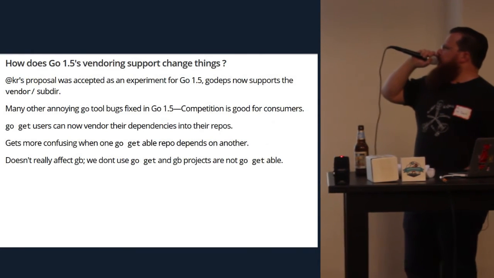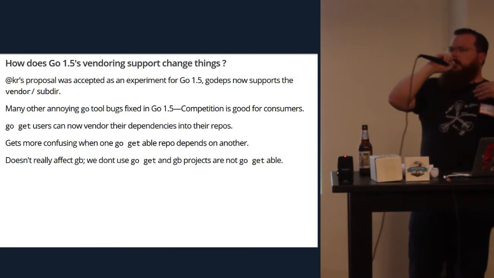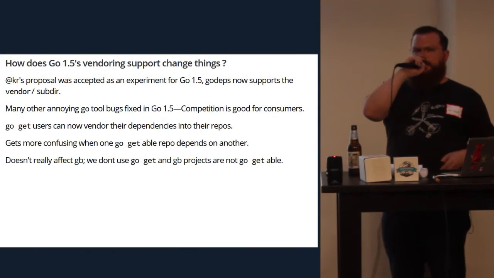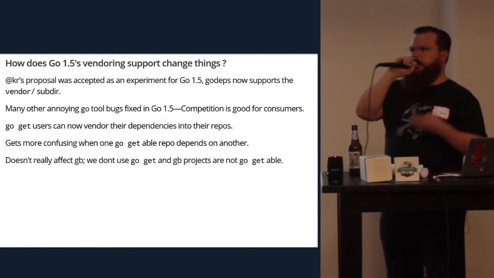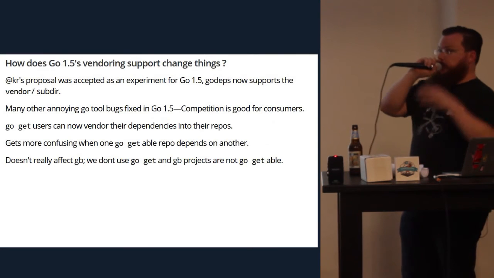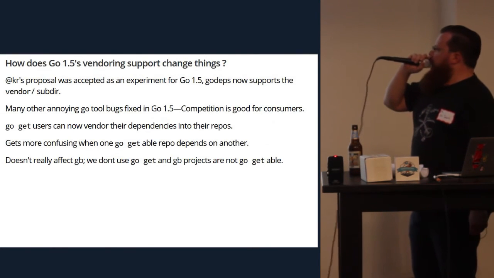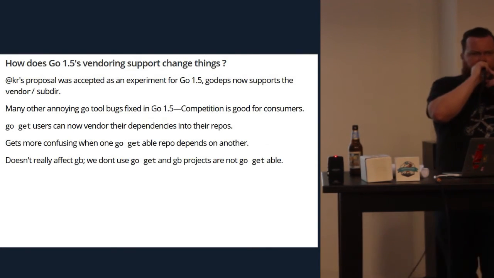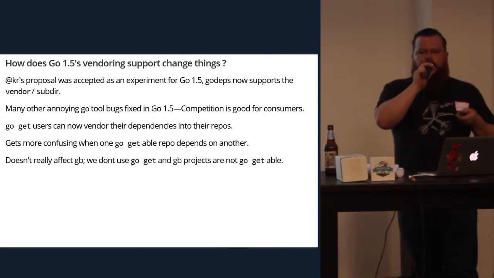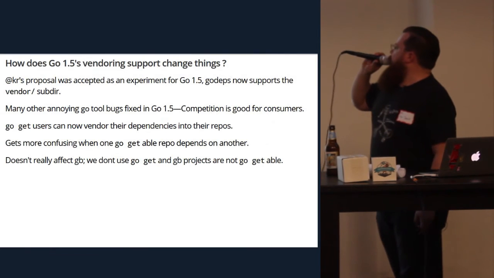It gets a little more confusing when you go get one repository that has vendored some more stuff. I think that what GB does is much cleaner, in that there's no kind of recursive searching for dependencies. It's all in one place. But most importantly, it doesn't really affect GB because we don't use go get, and GB projects are not Go-gettable.